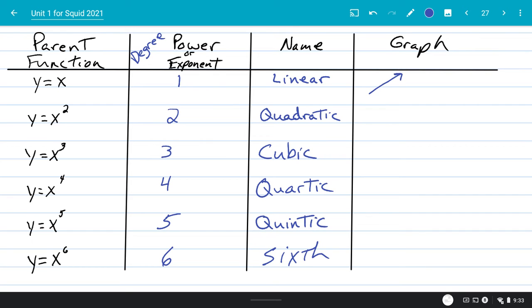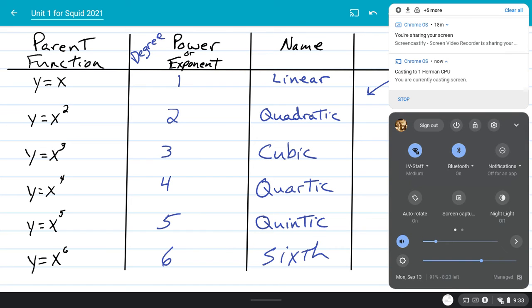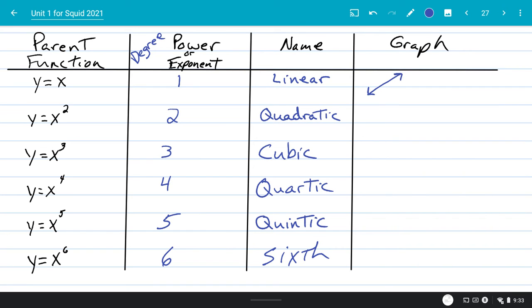A linear function is a straight line. A quadratic is a U-shaped graph called a parabola. A cubic doesn't necessarily have a name, okay?